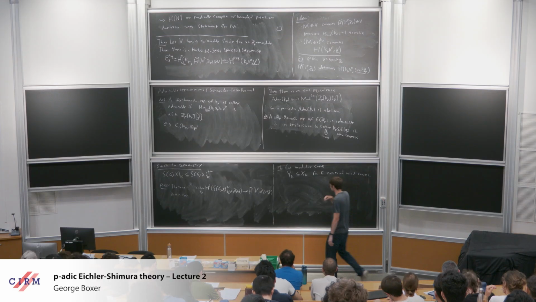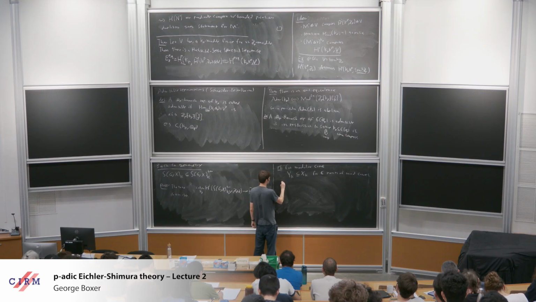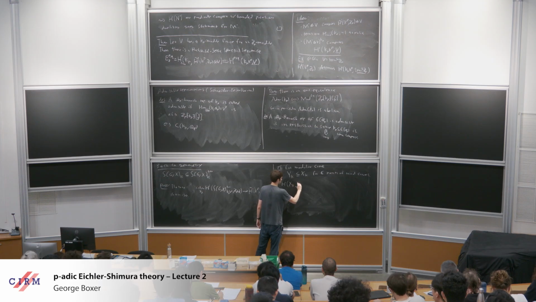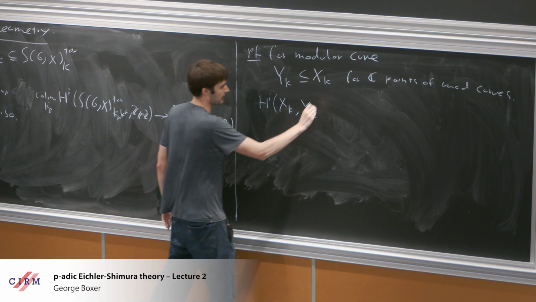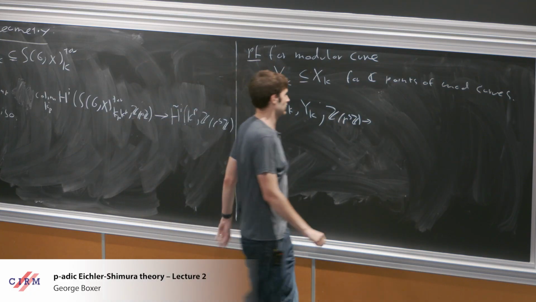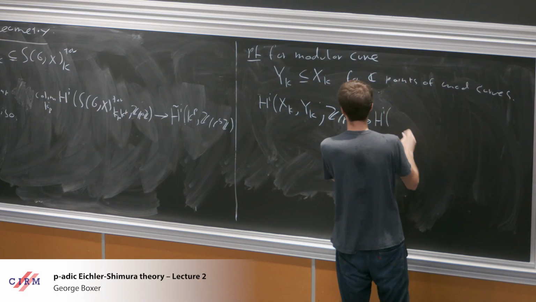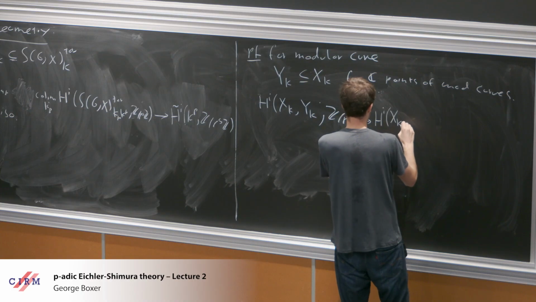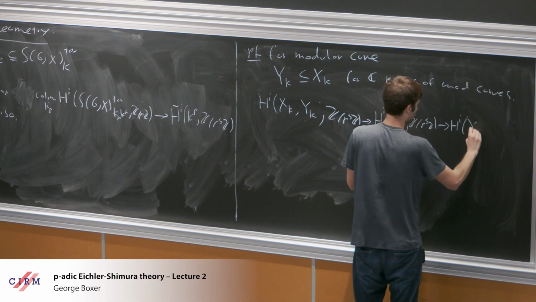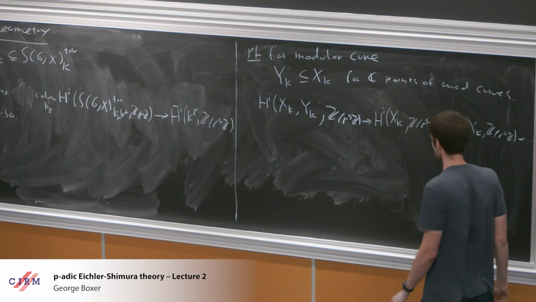Okay. So what are we going to do? Well, there's a relative cohomology sequence. We consider the relative cohomology of the pair of the open modular curve inside the compactified modular curve, and that sits in a triangle, or in a long exact sequence, with this restriction map. Okay?